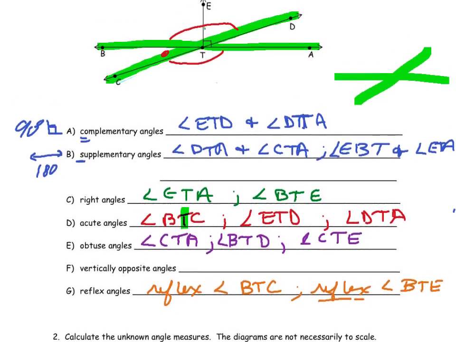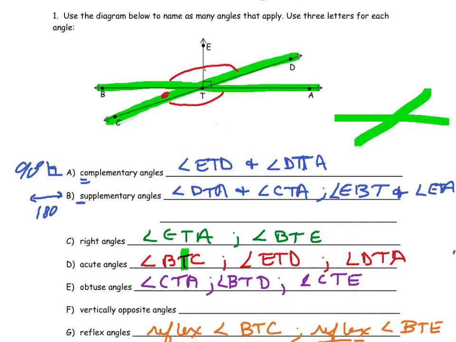So in our diagram, angle BTC is vertically opposite to and equal to angle DTA. The acute and the acute are equal. Also, angle CTA, which is the obtuse angle, is vertically opposite to angle BTD.